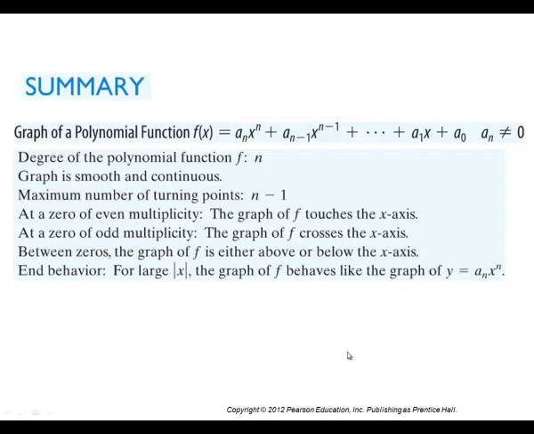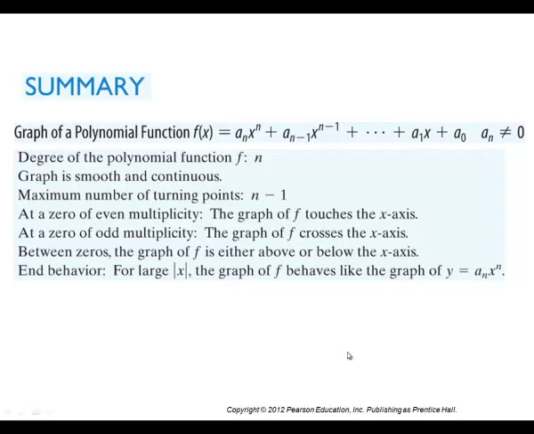Like if you had x minus 1 in parentheses squared, that's going to touch the axis. It's not going to go through it. If it has an odd multiplicity, like x plus 3 in parentheses cubed, that one's going to go through the axis. Between zeros, the graph of f is either above or below the x-axis.